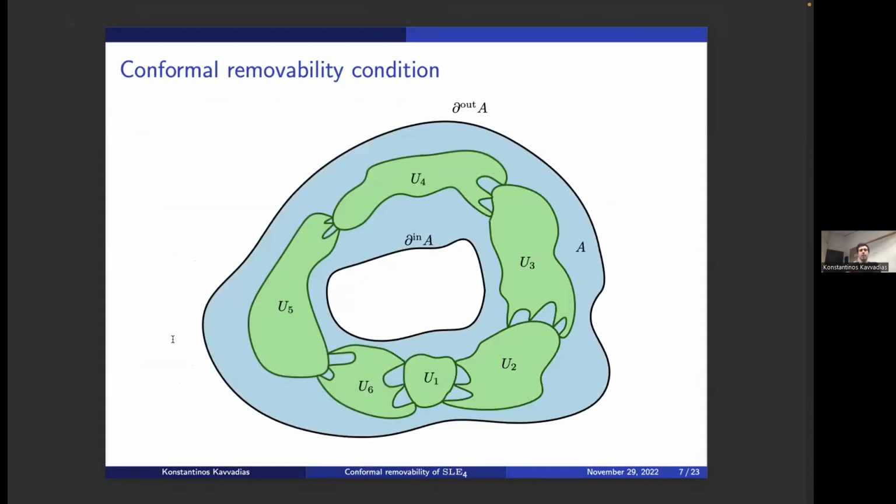Okay, so this is a general picture of what might happen. So here we have this conformal annulus. This is the blue region, and we have the corresponding components. These are the green components. Of course, in the case of SLE4, this is not the right picture, because it is a simple curve. So this is a general picture.